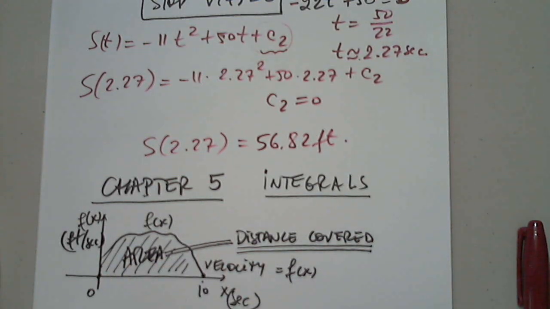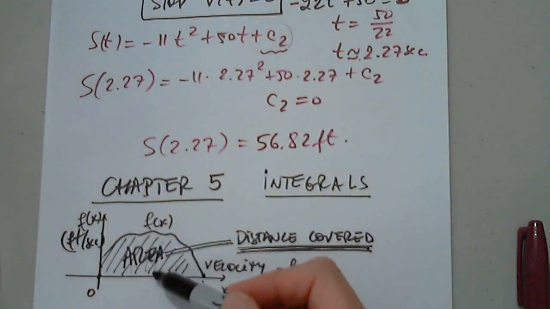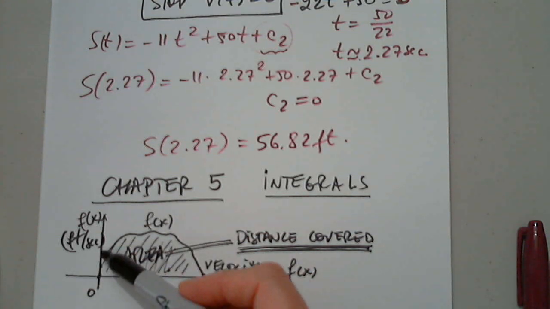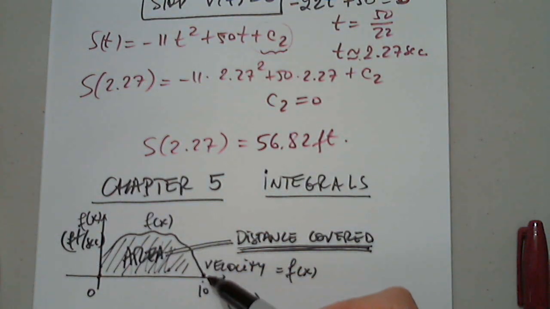So we're going to focus a little bit on area under the graph of a function. Why? Because it gives us something that we are interested in, in this case, distance. If this is the marginal cost, this area will be the total cost. If this is the marginal profit, this total area will be the total profit.